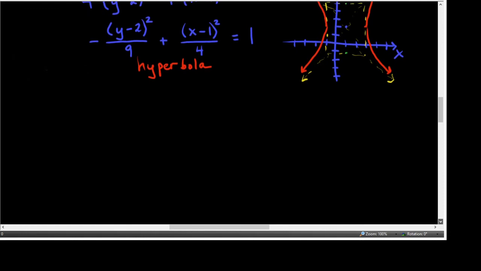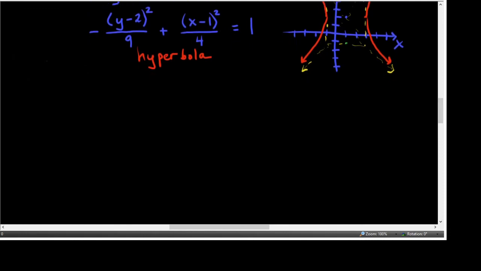So kind of incomplete, but that was the point, was to identify the type of conic and then do a quick sketch just to verify that everything's all right. So I need to turn several pages here, past all of my answers that I have for myself.